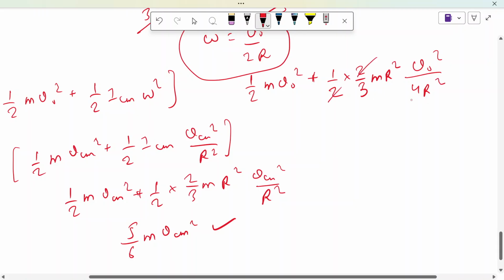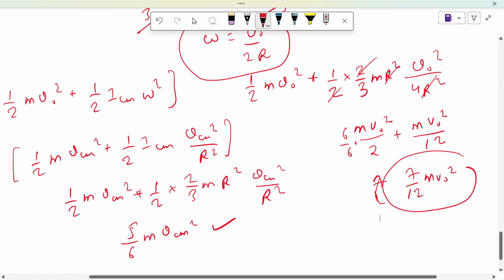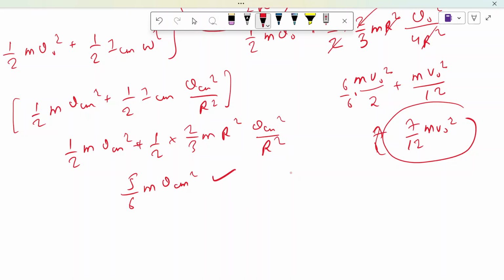So this value is m v naught square by 2 plus m v naught square by 12. That is 6 upon 12 plus 1 upon 12, that is 7 by 12 m v naught square. Fine. And the final value is 5 by 6 m vcm squared.